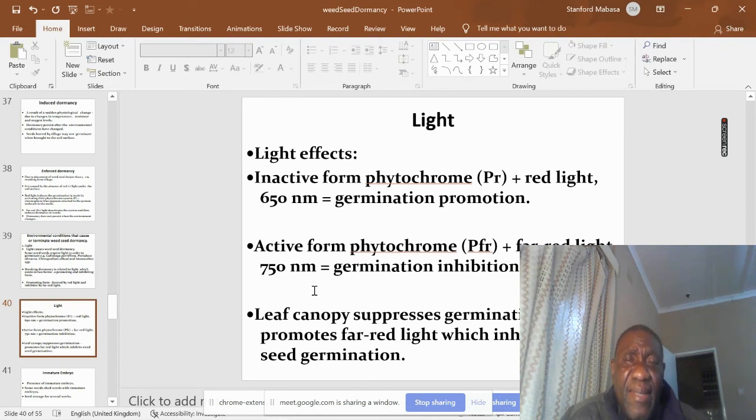Probably let us look in detail a bit about light effects. Inside the seed, you have the inactive form of phytochrome, which can be PR. If you flash that seed with red light, the germination actually is promoted.